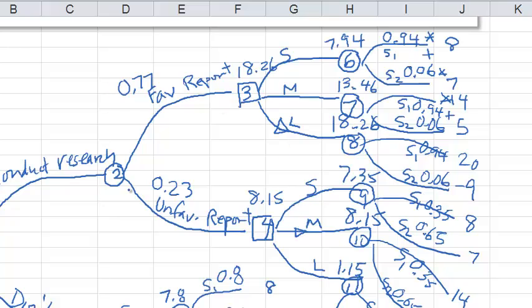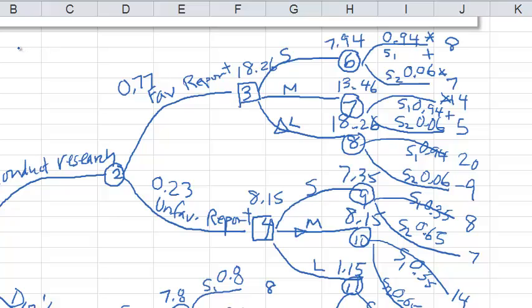Now let's go to node 2. Here we have a chance node, so we need to do our expected value calculation. So we're going to go 0.77 times 18.26 plus 0.23 times 8.15.